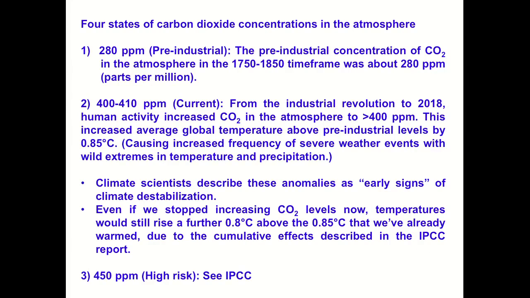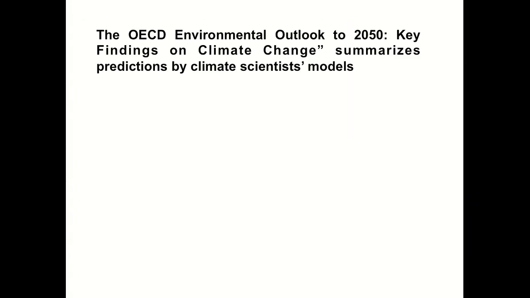Again, some people talk about this scenario, 450 parts per million, which is referred to as high risk. I'll leave you to look at the IPCC report to see what that implies. There are also other organisations like the OECD, which produces an environmental outlook report.